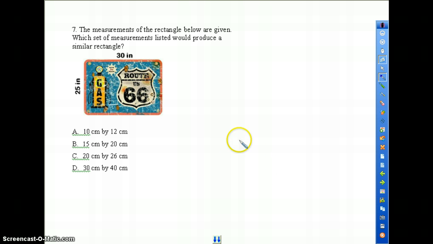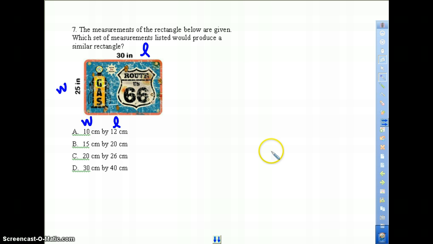So you could test the relationship between these two, or set up a proportion between the corresponding widths and lengths. Since this number is smaller than this number, if we call this one the width and this one the length, then all of these smaller ones in this column would correspond to the widths.